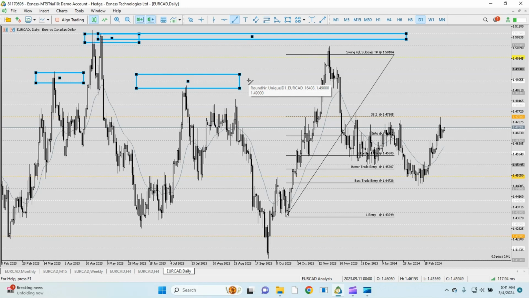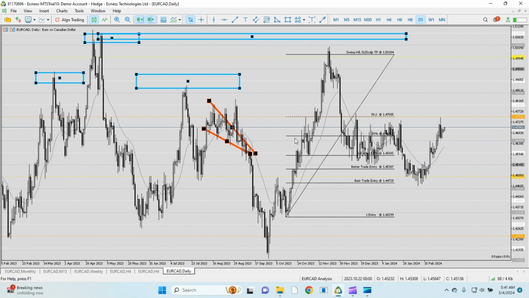And a symmetrical triangle implies indecision before a potential breakout. These things are just random. Okay, let's see if we have a triangle here. This is a descending triangle. You see how price broke out from this descending triangle and continued to move downward.